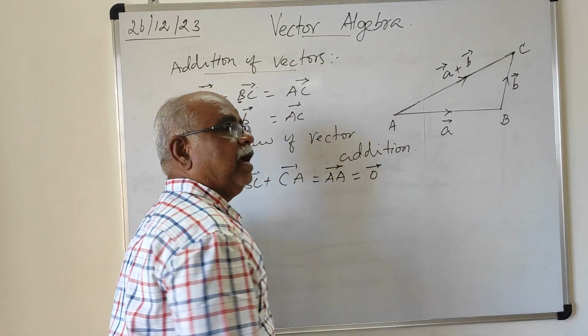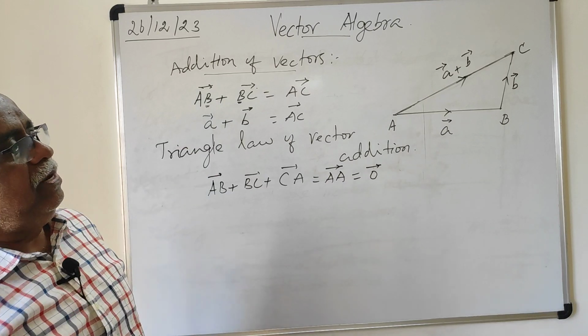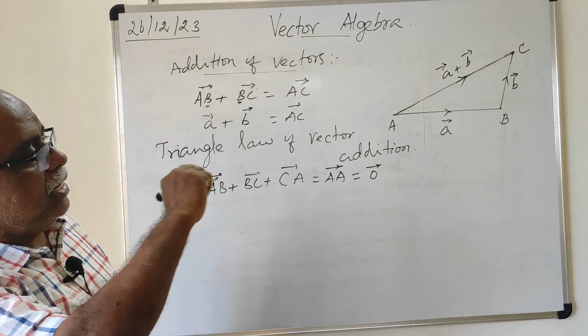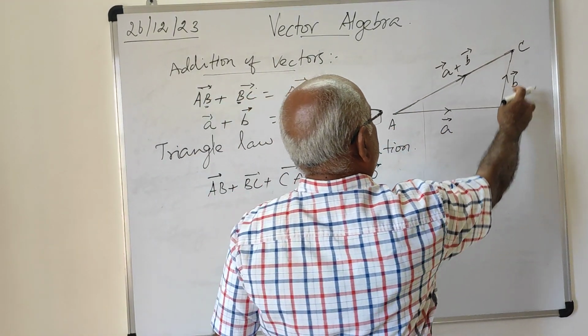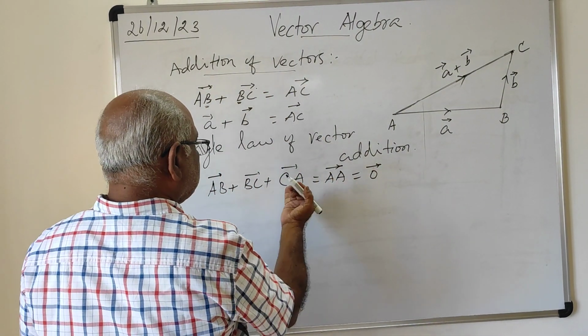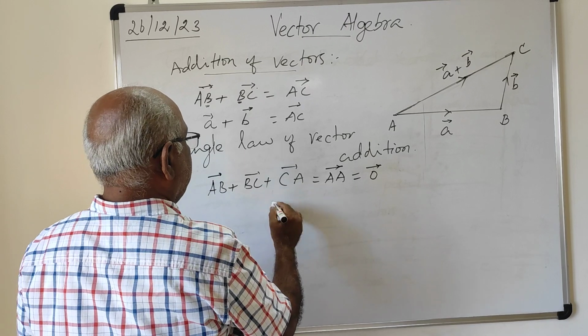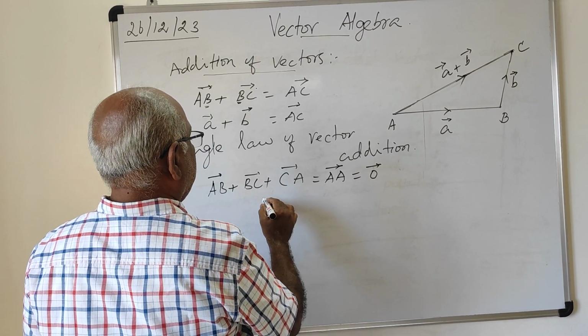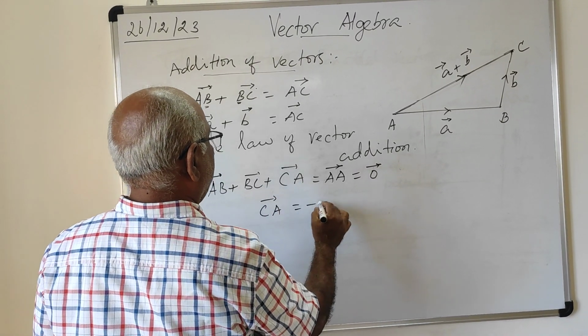So in a triangle, if you consider the three vectors cyclically in the anticlockwise direction, AB plus BC plus CA is the zero vector, because CA vector is equal to minus AC vector.